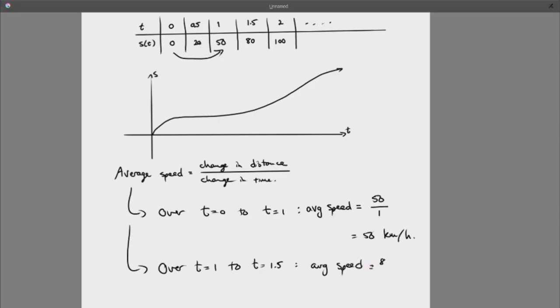So that'll be 80 minus 50 over the change in the time, which is 1.5 minus 1, giving me 30 over 0.5, so that'll be 60 kilometers per hour. Okay, so it's a very simple calculation to find the average speed. Everyone happy with that calculation?